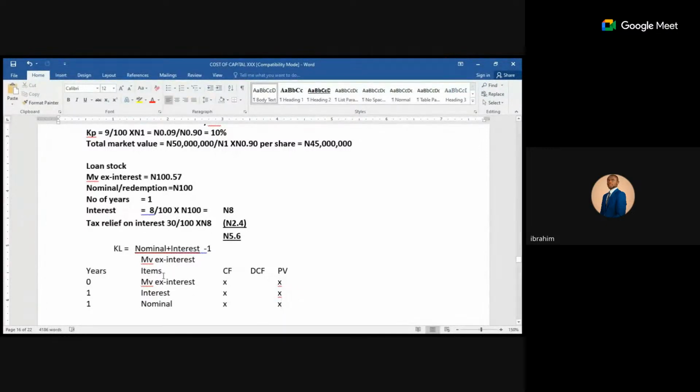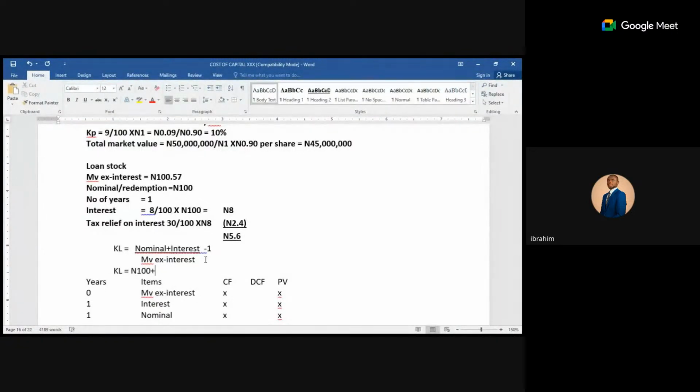Now you can see from this formula here, class. So what is the cost of loan stock here first? Let's get this answer first. So this is 100 plus the tax. There will be a tax relief. We've deducted it, right?